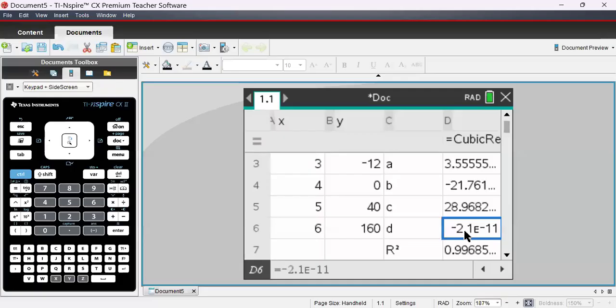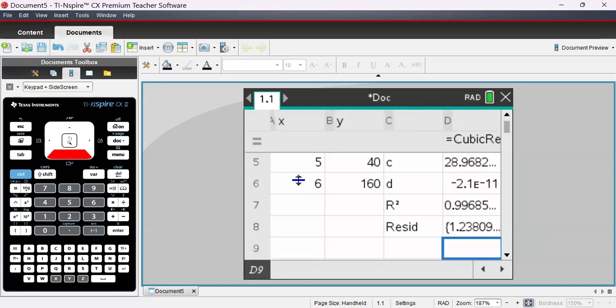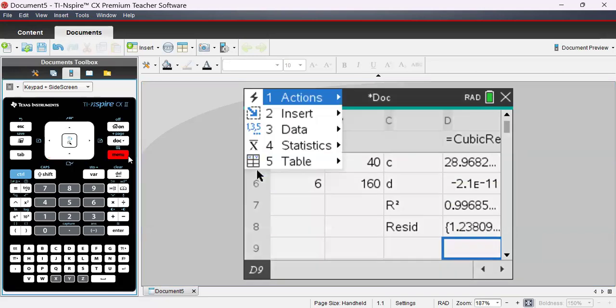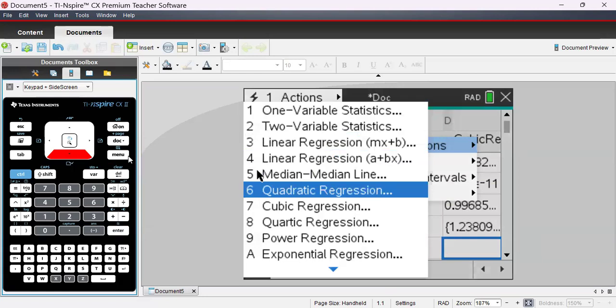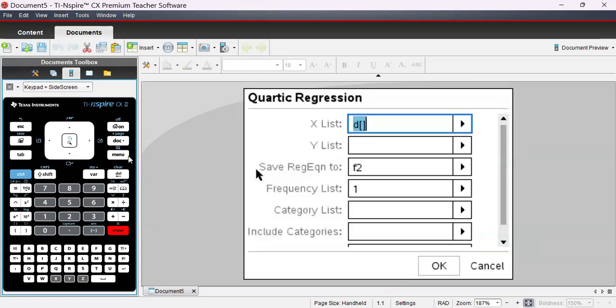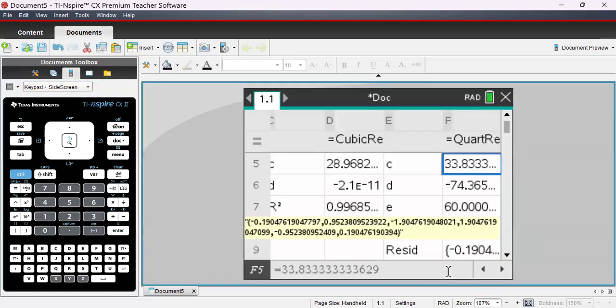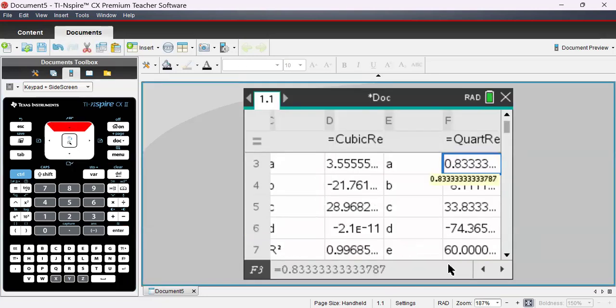The second part asks for a quartic function. So I'm going to go down to a cell that's empty, or blank rather. And remember, we want quartic, not quadratic. Be careful with that. All right, so A is 0.833.